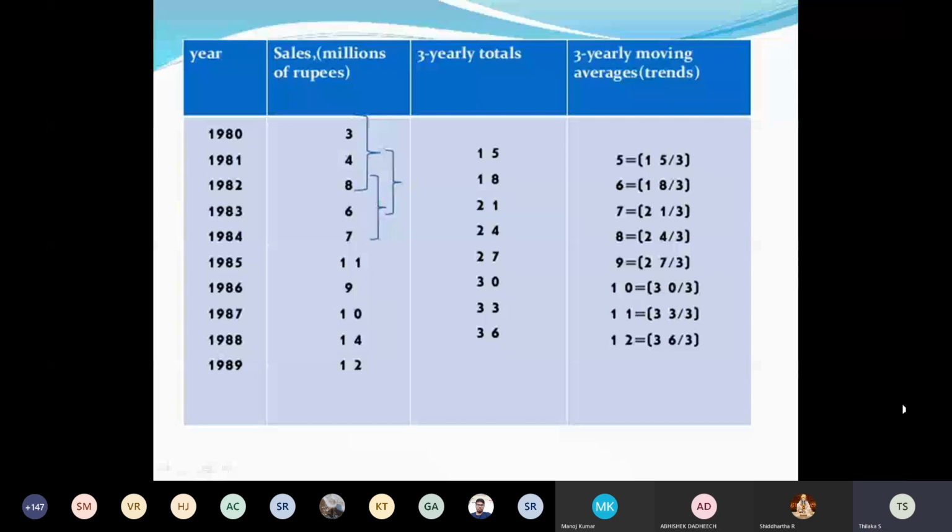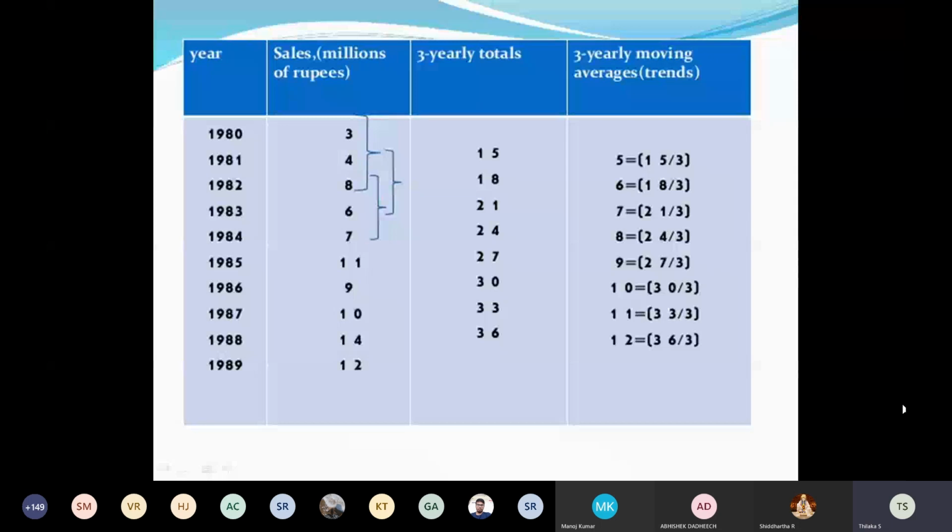So you have to plot these averages, that is the 3-yearly moving averages, which in the column are 5, 6, 7, 8, 9, 10, 11 and 12. The years, the time period, have to be on the x-axis, and the sales have to be on the y-axis. You have to plot the points starting from the year 1980.